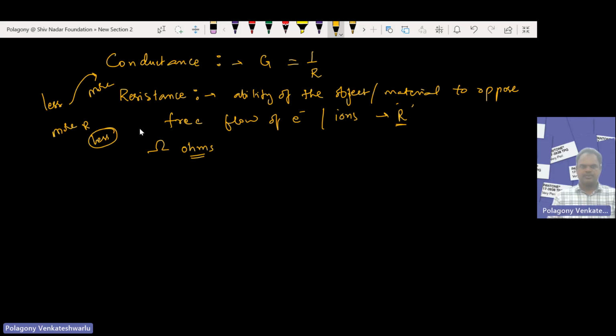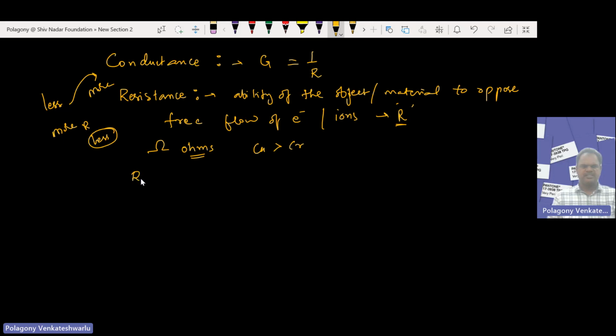All materials do not have the same resistance. For example, copper has less resistance and more conductivity if you compare it with chromium.